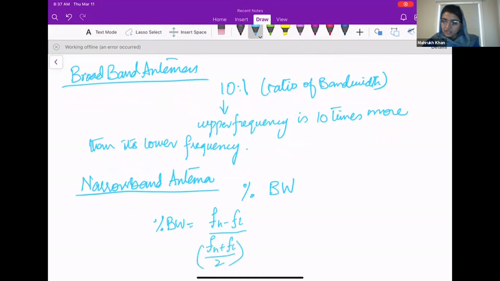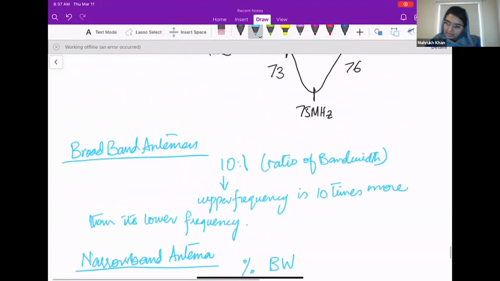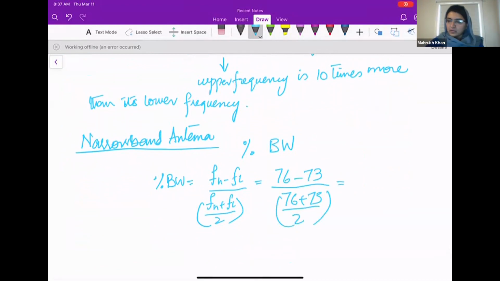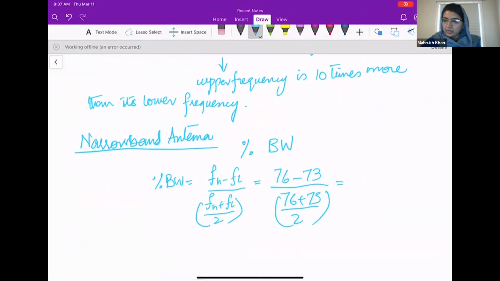So the difference in the frequency over the average of the frequencies. In the scenario we are talking about, our percentage bandwidth should be about 2%.